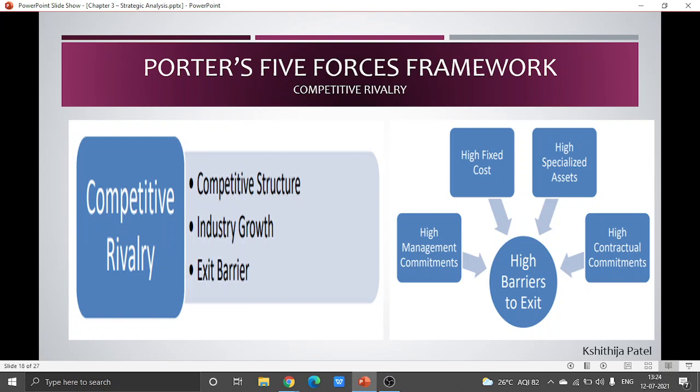Porter's five force model that we discussed helps to identify and analyze the five competitive forces that outline an industry and explains why different industries have different levels of profitability.